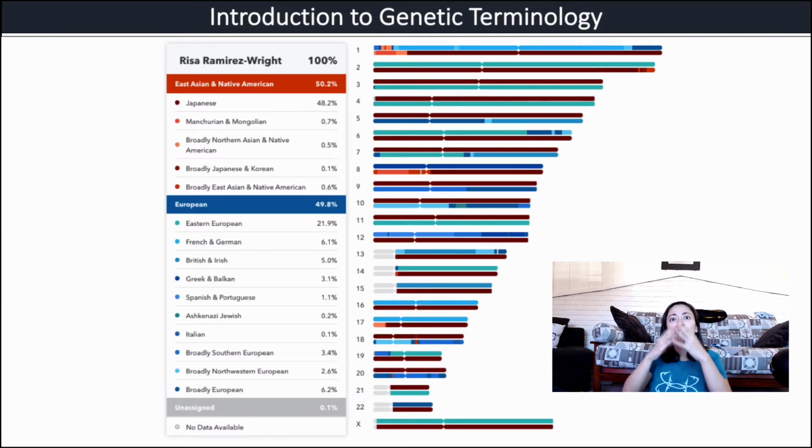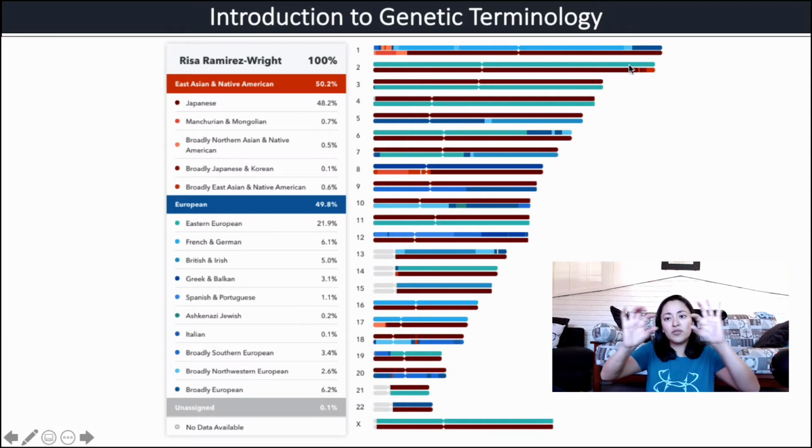And this figure here really demonstrates this well because this is showing my 23andMe results from genetic testing. I'm half Japanese. My mom is Japanese, my dad is European, and you can actually see that in each chromosome pair I inherited one of those chromosomes from my mom and one from my dad, because one of the chromosomes is red in color, which signifies genes that are more common in Asian people, and the other chromosome is blue or greenish in each pair, and those chromosomes have genes that are more common in people from Europe.